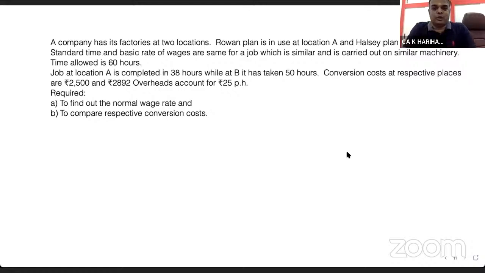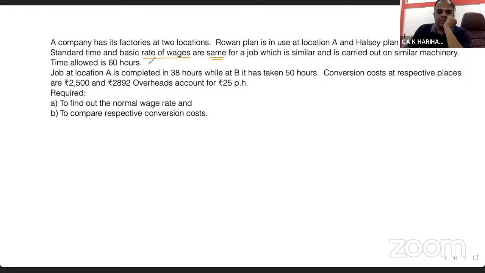A company has its factory at two locations. The Rowan plan is used in location A and the Halsey plan at location B. The basic rate of wages is the same for the job, with similar quality.